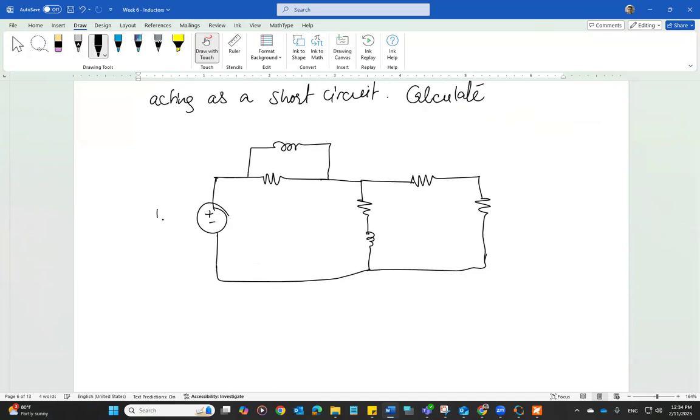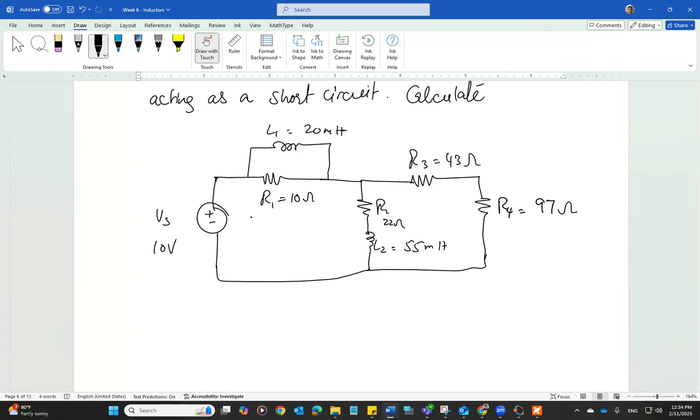Let's assume we have source voltage 10 volt, R1 is 10 ohm, R2 is 22 ohm, R3 is 43 ohms, and R4 is 97 ohm. L1 is 20 millihenry, and L2 is 55 millihenry. So the circuit is operating at the steady state, which means both inductors are going to be acting as short circuits.